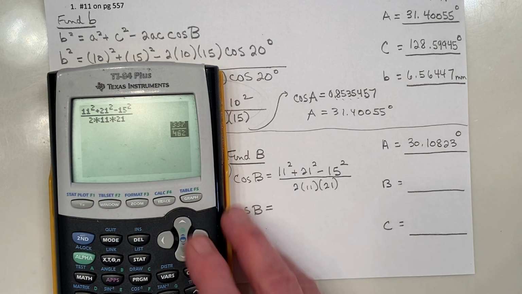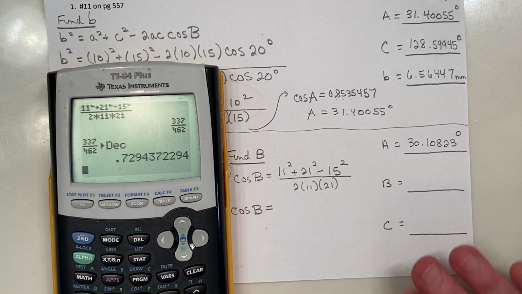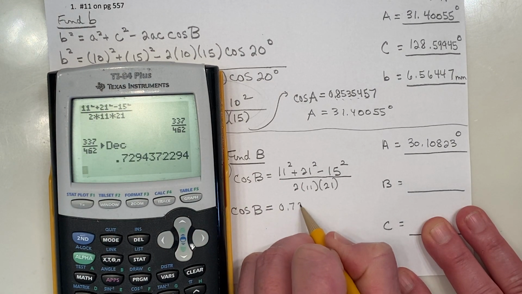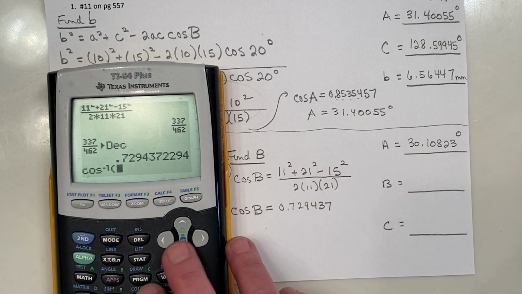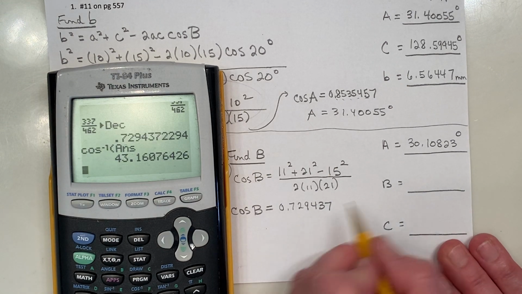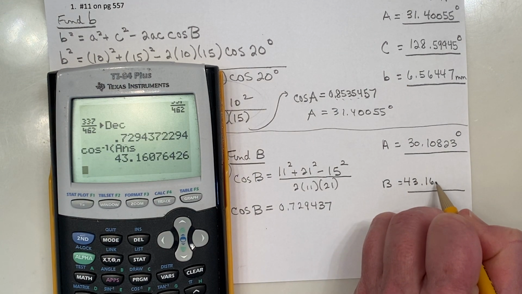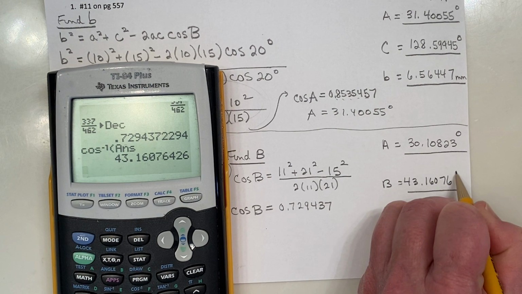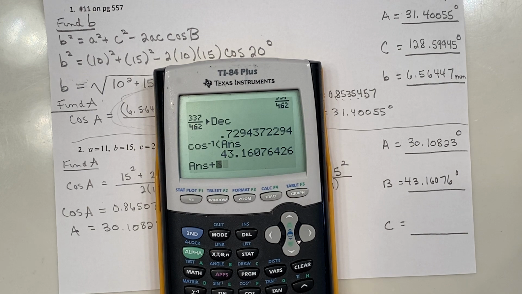Angle B is 43.16076 degrees. And then let's add that to angle A and subtract from 180.